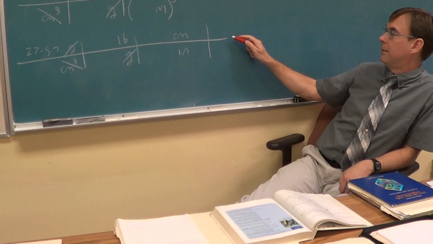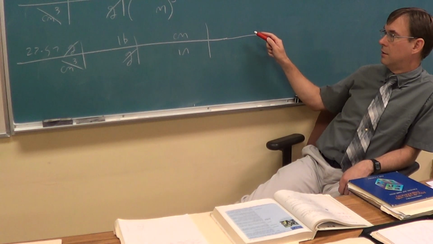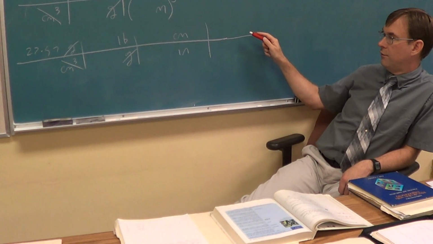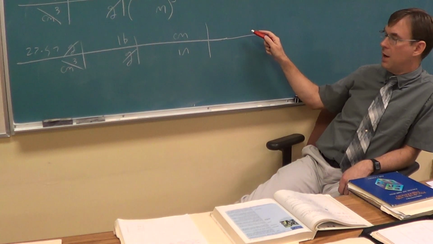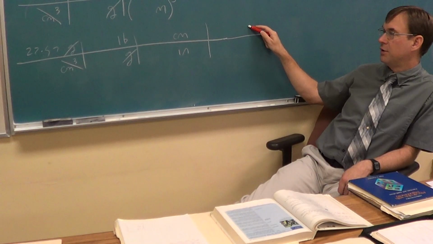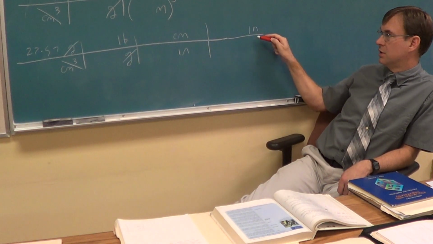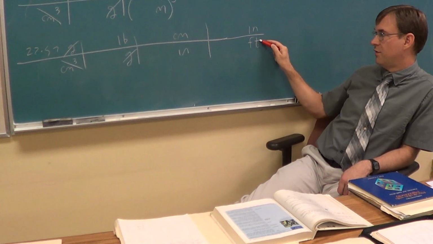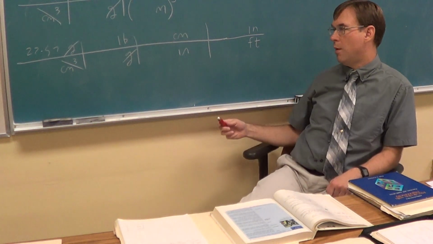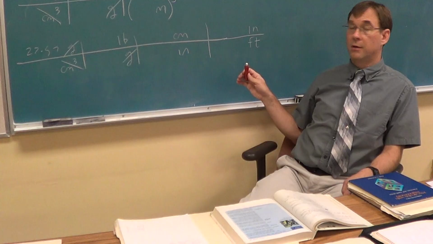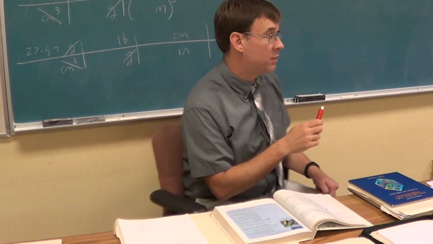Then what's the ultimate goal? Not inches, but feet. So on the top I need inches, bottom is feet. But I still have one more move to make here. It's the cube thing again.